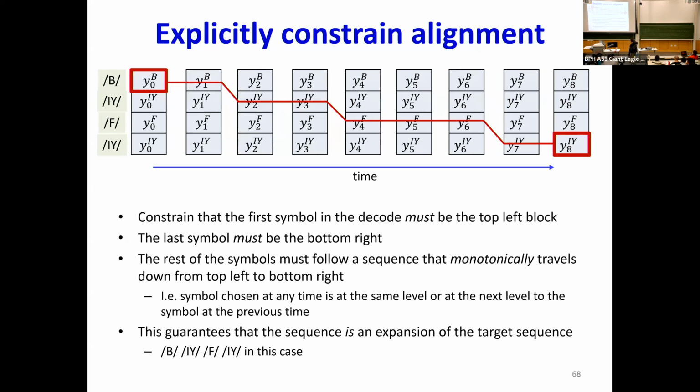The last symbol must be the bottom right block. And I want to traverse a path that goes monotonically from the top left to the bottom right. And if I do that, that means that at any point, I can either walk horizontally or I can take one diagonal step to the next row. I can't jump a row. I can only go down to the next row. I'm going to get paths of this kind. And any path of this kind is going to represent one alignment of my symbol sequence beefy to the input.